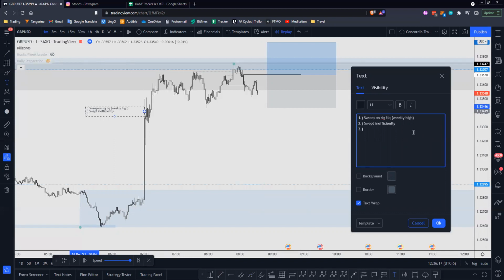What else do we have? We have a sell model. And the sell model consists of, on a smaller time frame, right? So on this 1 minute, what do we have here? We have lower time frame sweep here, okay, right here, lower time frame sweep, break of structure right here, inducement right here.